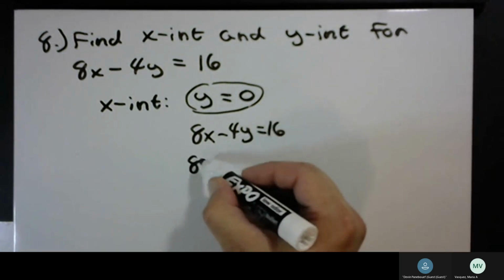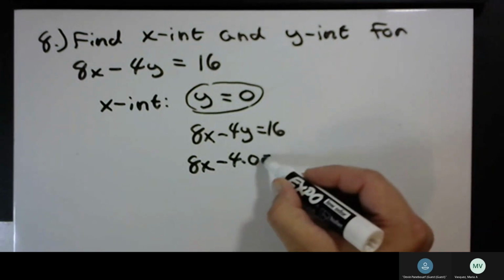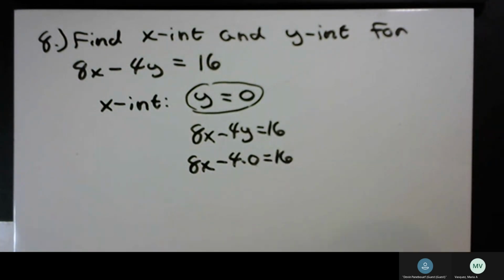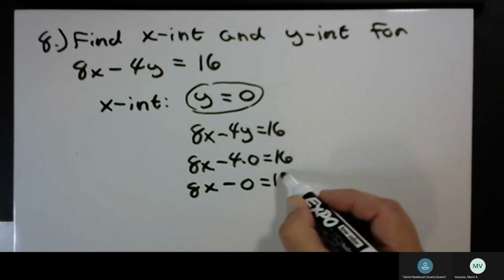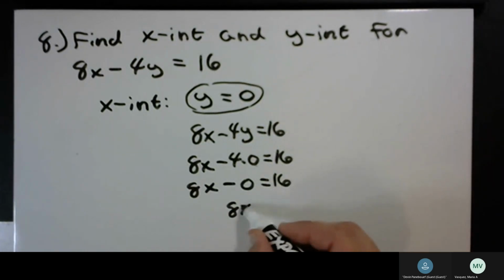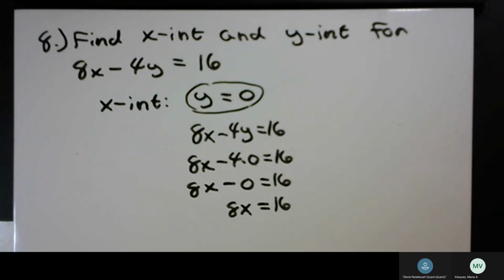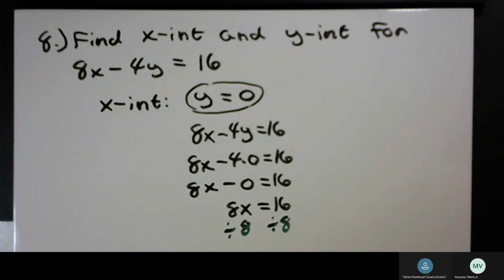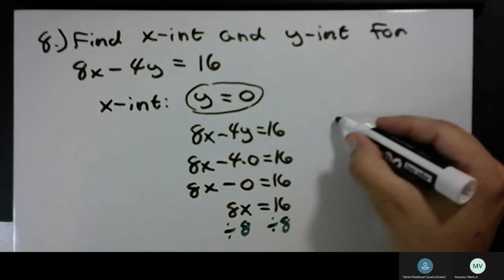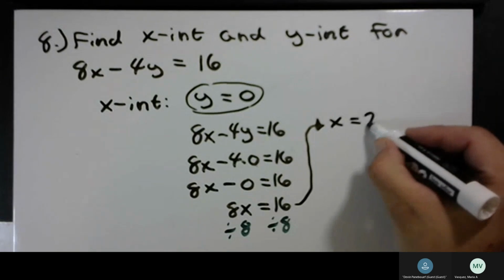This will become 8x minus 4 times 0 is 16, or 8x minus 0 is 16, 8x equals 16, divide both sides by 8, and we'll get x is equal to 2.